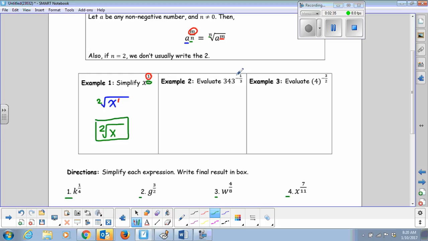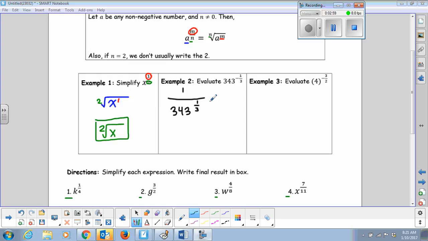Remember, if we have a negative exponent, if we put it on the opposite side, it will be positive. So I could begin by rewriting this as 1 over 343 to the positive exponent of 1 over 3. And I'm going to rewrite this so it doesn't look so horrible.